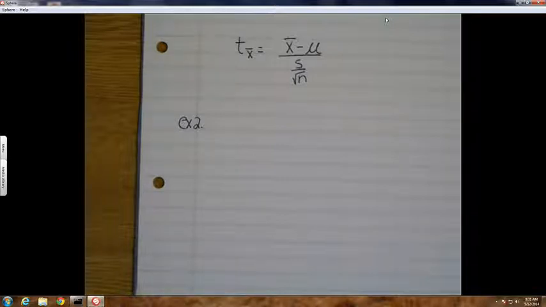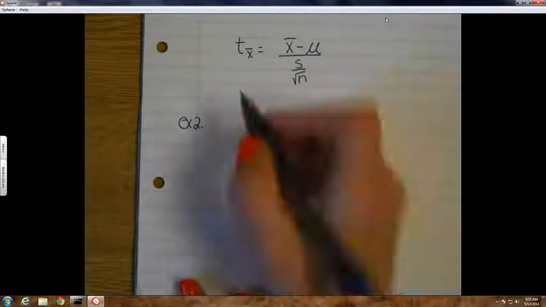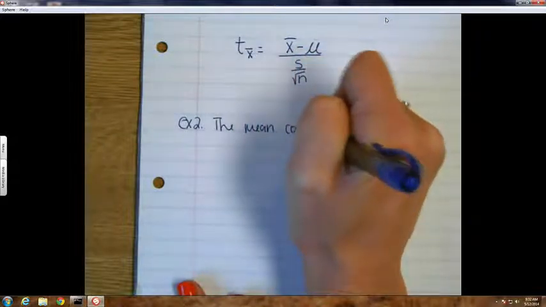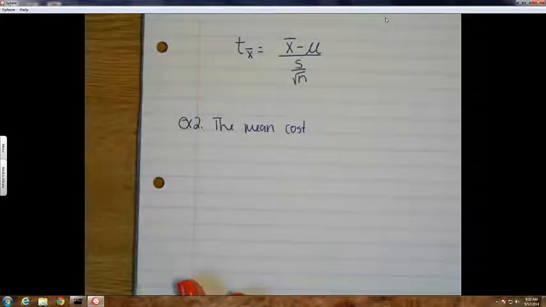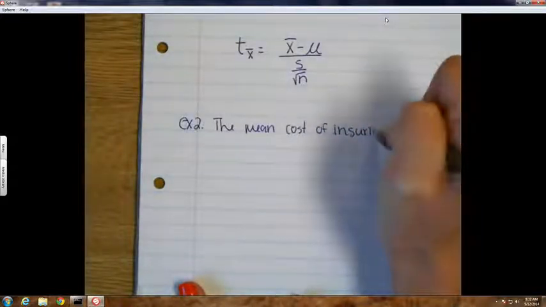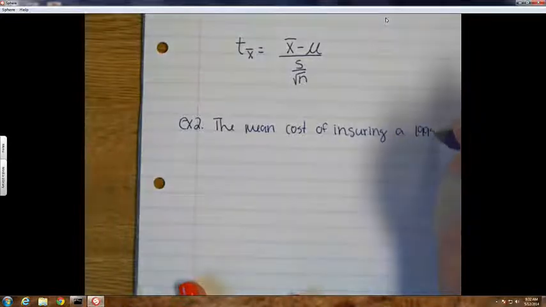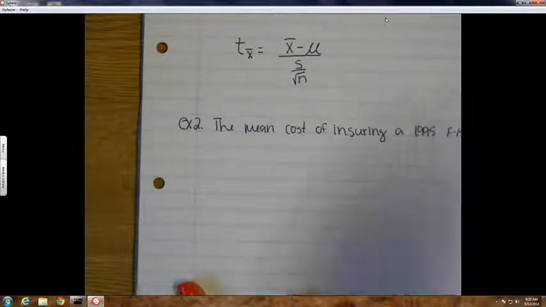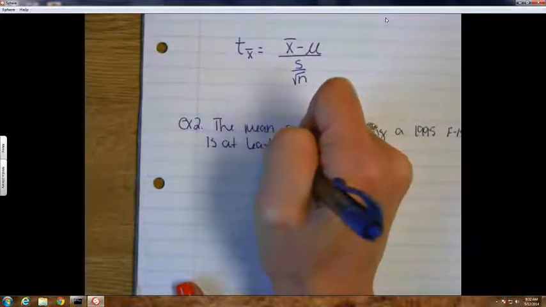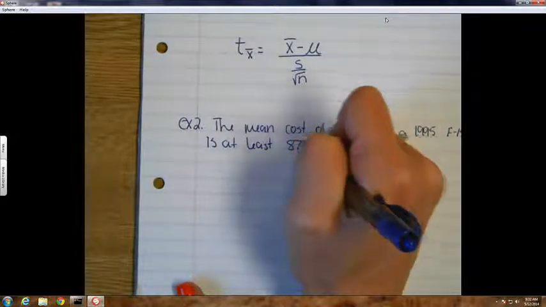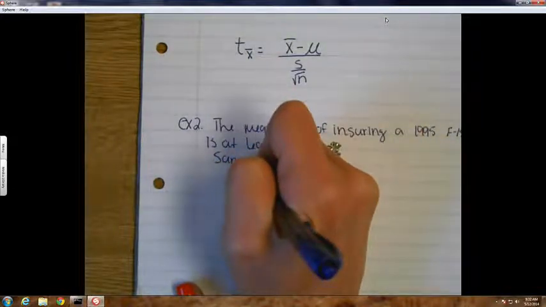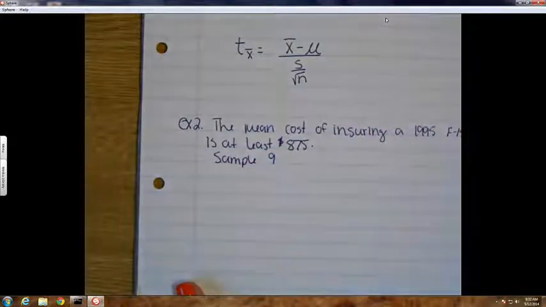Let's see, an insurance agent says that the mean cost of insuring a 1995 Ford F-150 is at least $875. You are going to sample 9 F-150s.